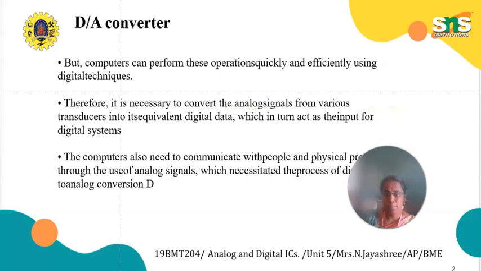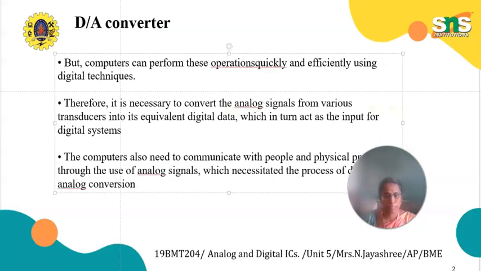But computers can perform these operations quickly and efficiently using digital techniques. Therefore, it is necessary to convert the analog signal from various transducers into equivalent digital data, which in turn acts as the input for digital systems. Computers also need to communicate with people and physical processes through the use of analog signals, which necessitated the process of digital to analog conversion.